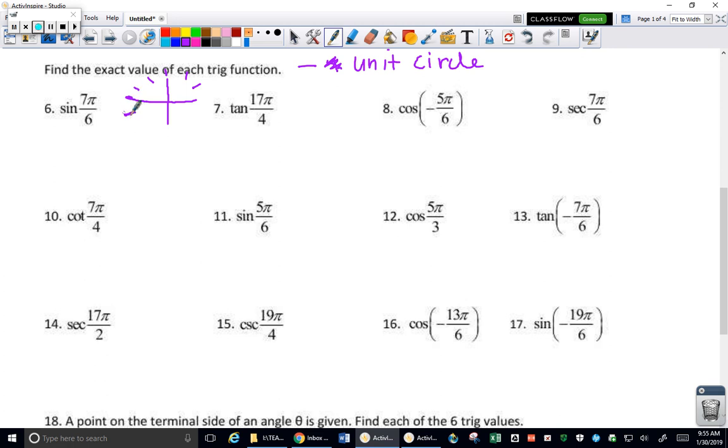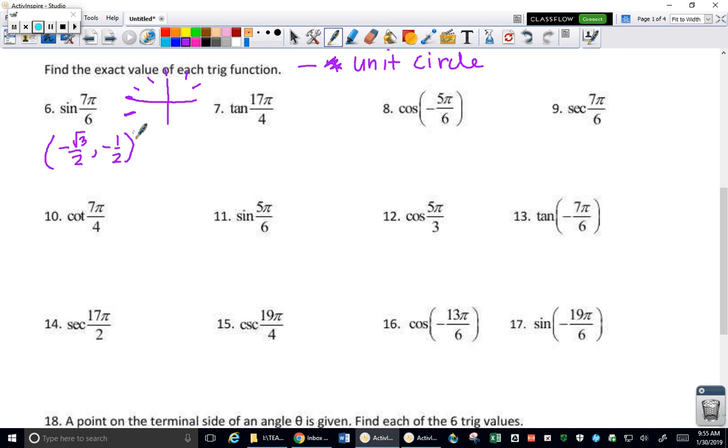So 7 pi over 6 is 30 degrees past 180, which has as its coordinate point negative root 3 over 2 and negative 1/2.